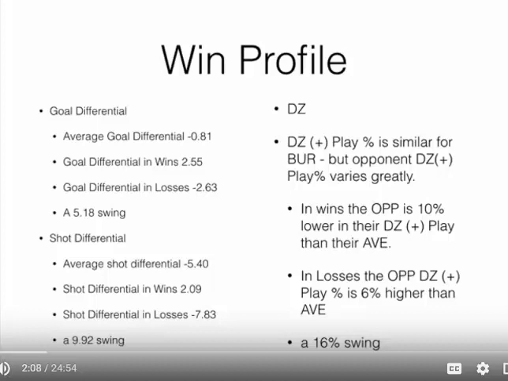In wins, the opponent is 10% lower in D zone positive play than their average. So when Burlington wins, they have a 10% advantage over their opponent than their average. And then in losses, the opponent's D zone positive play is 6% higher, or a 16% swing between wins and losses.